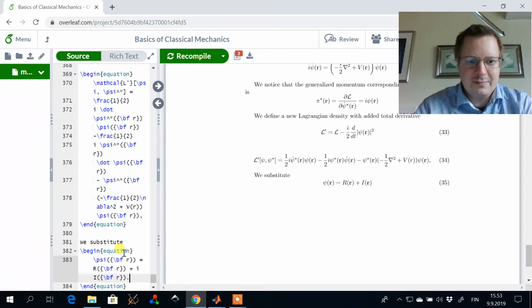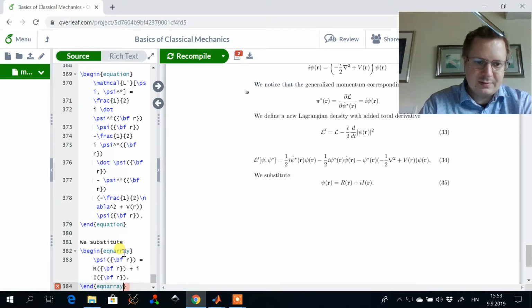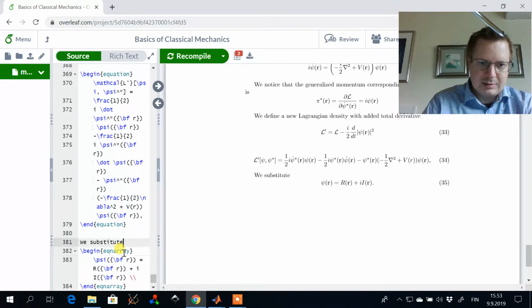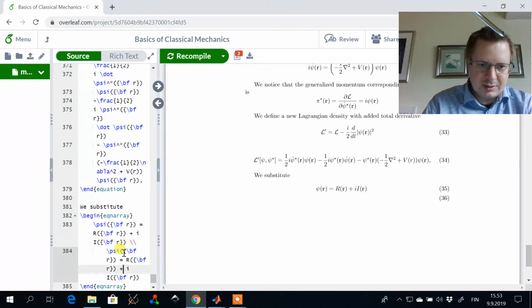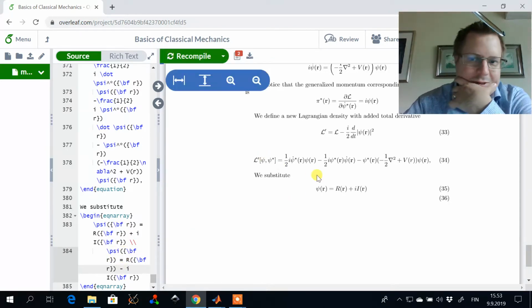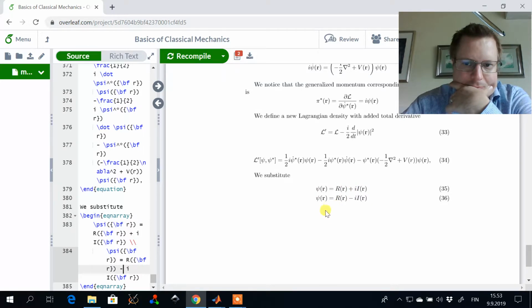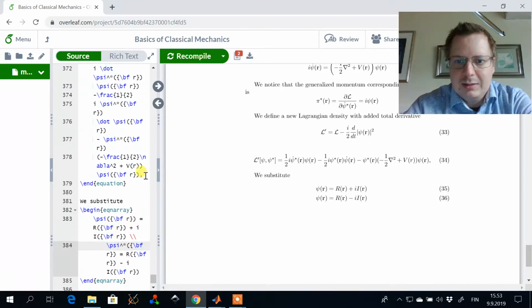And the same way for the complex conjugated field, with a minus here for the complex conjugate, so we change into these two fields, and then there's psi star. Okay.